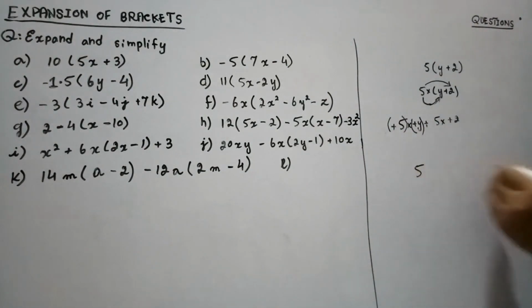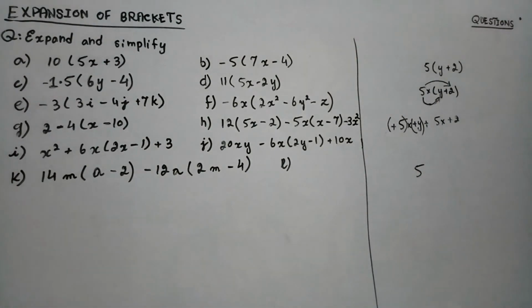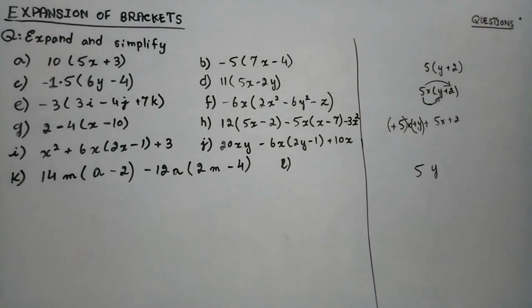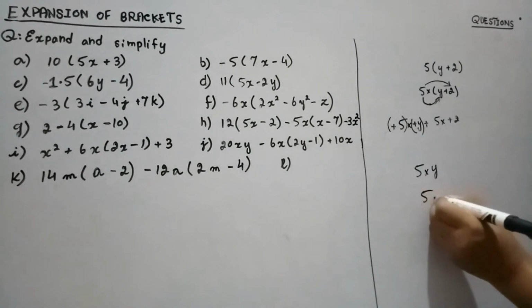So now here we have a constant number, and here we have a variable. To multiply a constant and a variable, how can we multiply it? We can just write it as 5y.